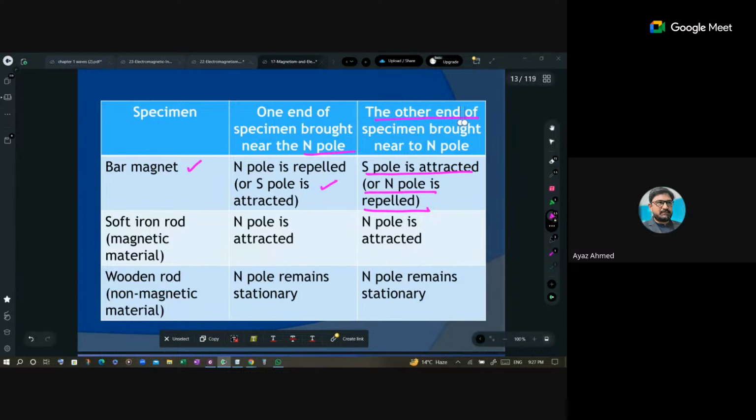It means when you bring a bar magnet near a bar magnet, then like poles repel, and unlike poles attract. But on the soft iron rod, north pole is attracted and south pole is attracted. If you have a north pole near the end of the specimen, it would be attracted both ways. Wooden rod, no attraction, nothing happens, right?